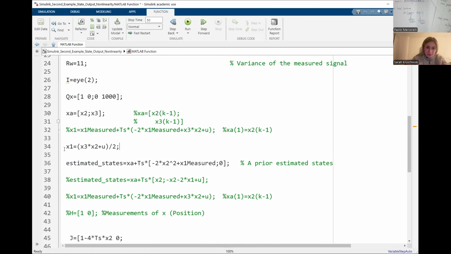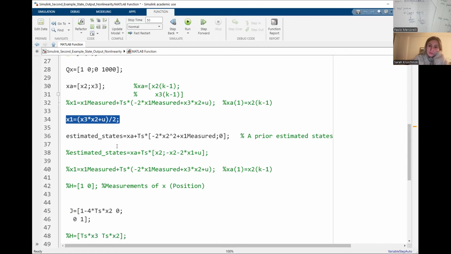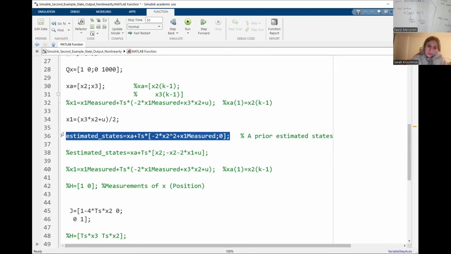Look, in fact, we delayed the measurement because here I applied not this equation here, but this one. Now you understand why I delayed the x1, because x1, as x3 and x2, are time k minus 1.